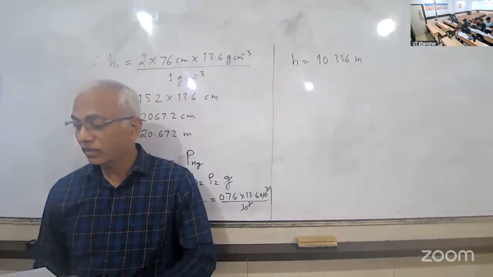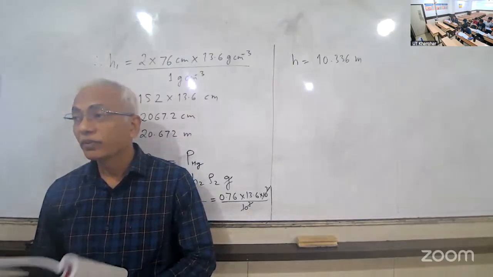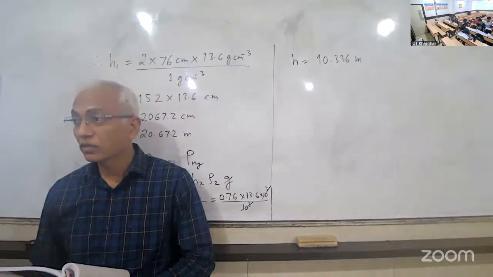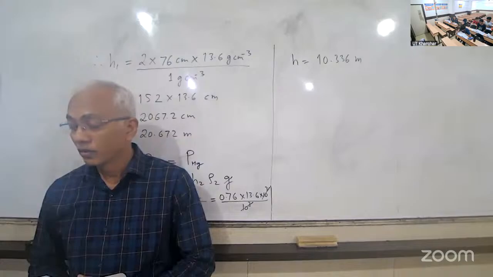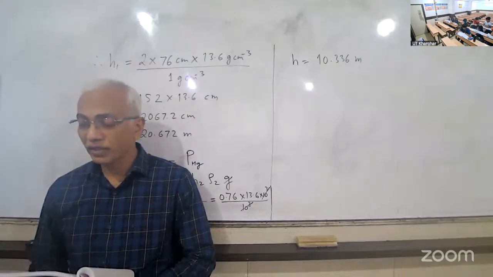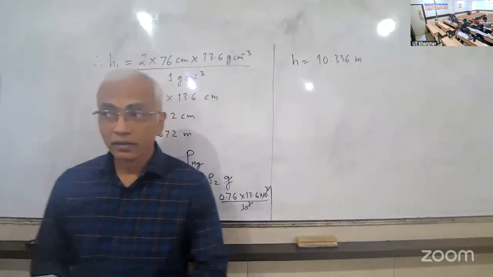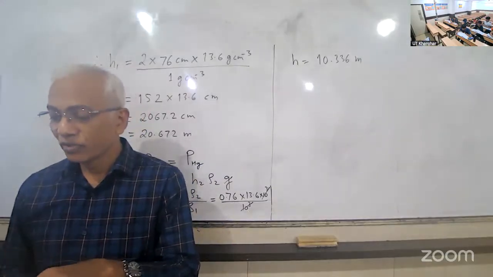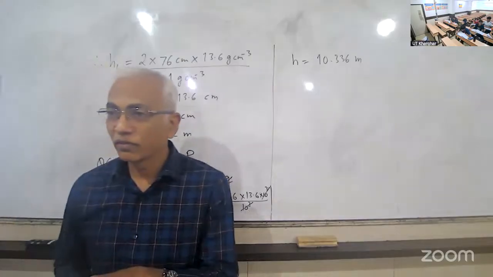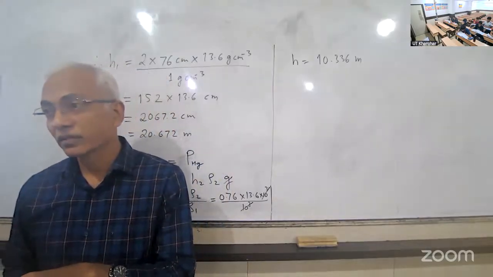Second and third, pressure is different, people have to try. Who has not answered, try. P1 is equal to P2 in the second case. Why? They are at the same level. Pressure is same at the same level. So basically, in this question, we are verifying the laws of pressure.